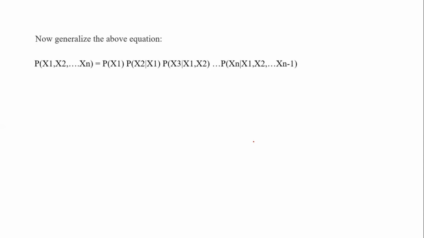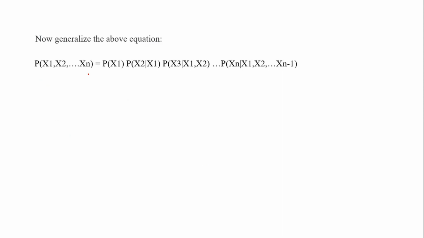So we can represent this equation using the chain rule. So this is the chain rule, right? You can write the above equation as probability of x1, x2 and so on, xn.